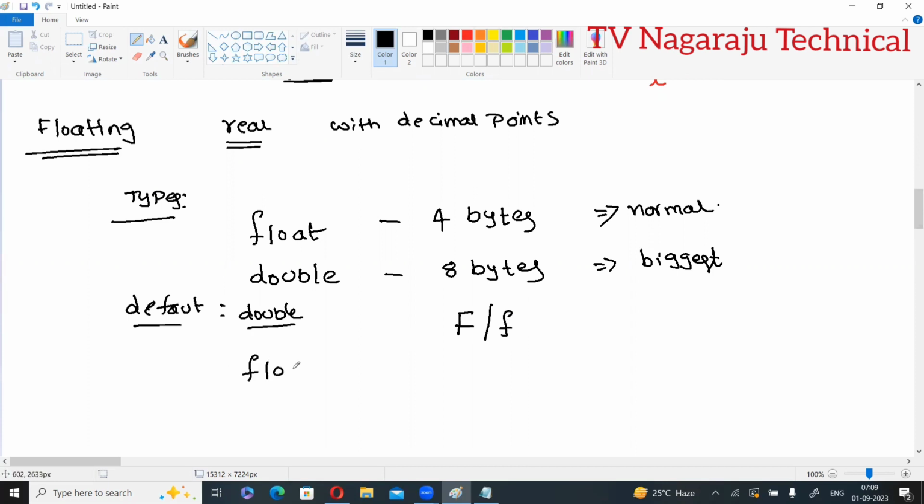Suppose, see this one, float a is equal to 2.3. By default, system takes this as a double value. You need to mention f. Whenever you are using f, then only system considers this as a floating value. Clear? These are the two data types for storing real values.